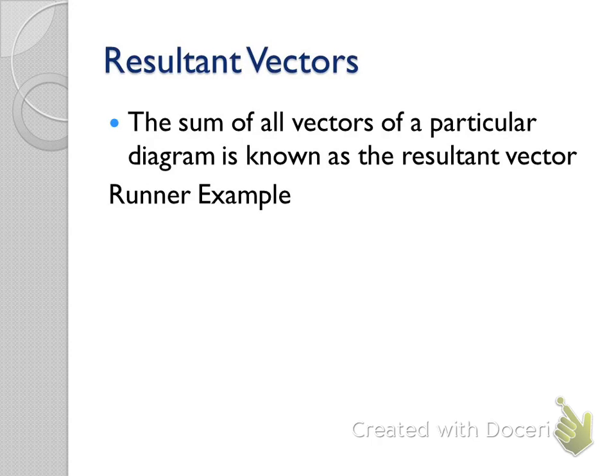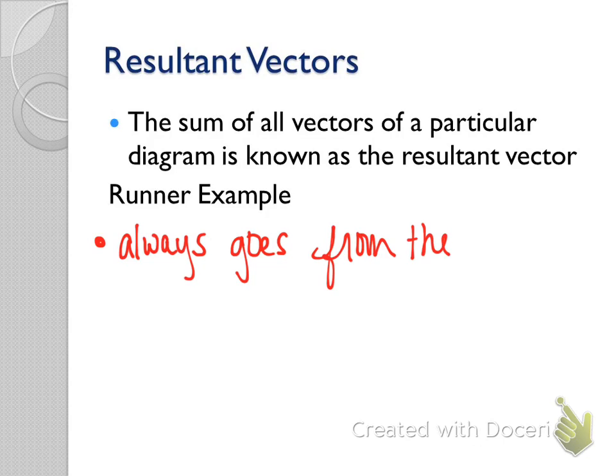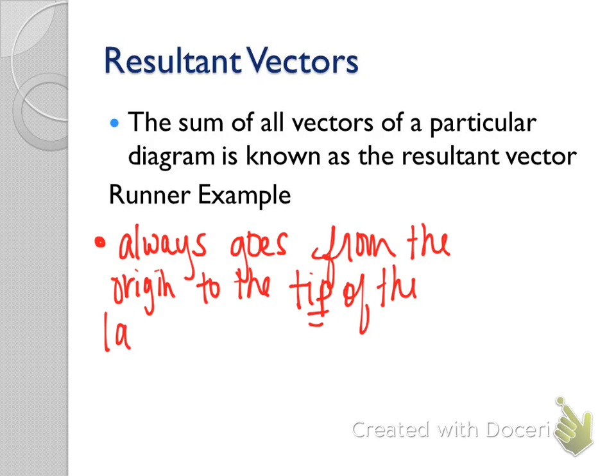I'm going to draw these things out and show you what our resultant vector looks like. I want you guys to write this in: the resultant vector always goes from the origin to the tip of the last vector.